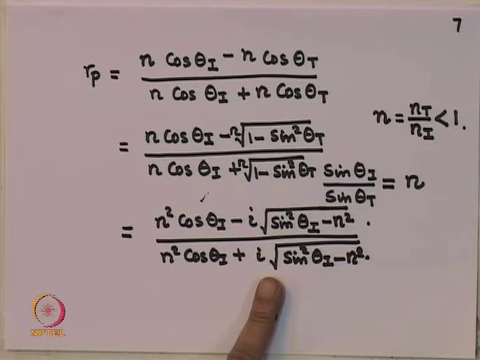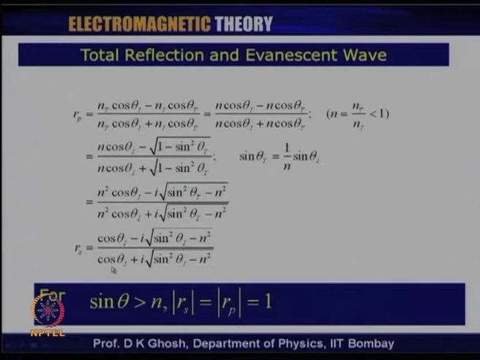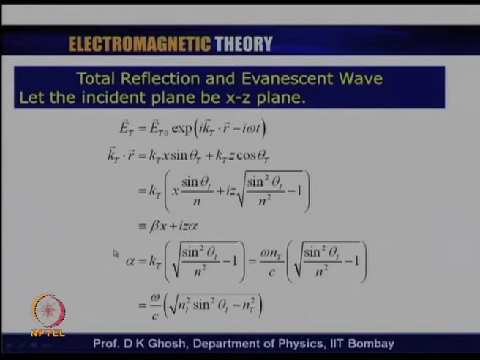Then you can show that R s and R p's magnitude will be equal to 1. This is true, of course, if sin square theta I is greater than n square, so that this is a real quantity, and the numerator and the denominator here are complex conjugates of each other. So, R p's magnitude and R s's magnitude work out to be 1.